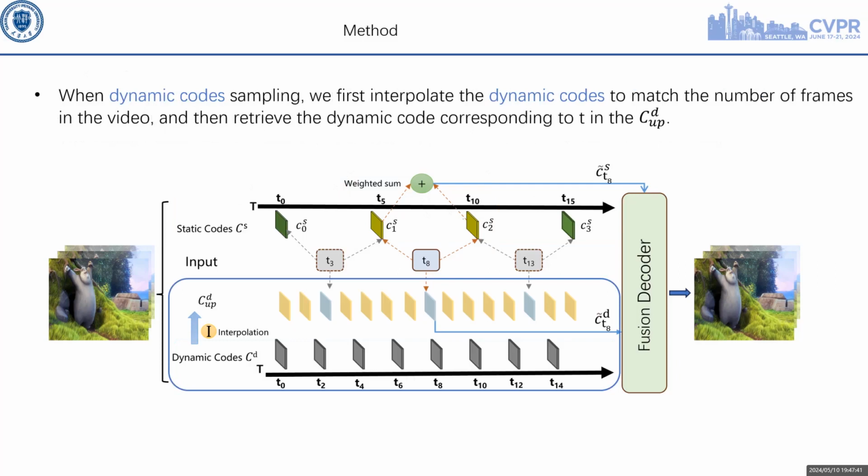Different from the sampling method used in the static codes, we obtain the corresponding dynamic code CD through the interpolated dynamic codes CD up. The interpolation sampling method establishes global temporal coherence among dynamic codes through internal interaction, aligning with the perceptual continuity of motion in the real world.